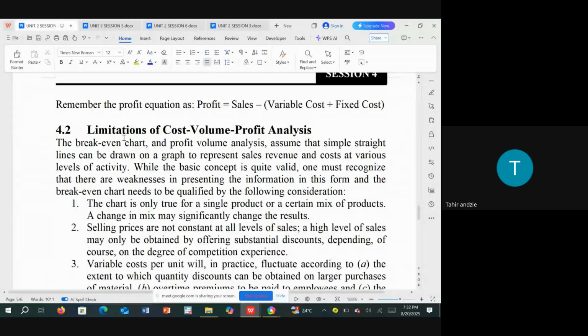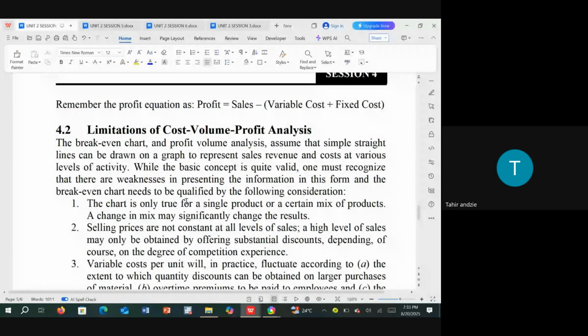Therefore, if these assumptions are not achieved, what happens to the analysis? This becomes the limitation of the break-even analysis. So we are saying that the break-even chart and profit volume analysis assume that a simple straight line can be drawn on the graph to represent sales revenue and costs at various levels of activity.